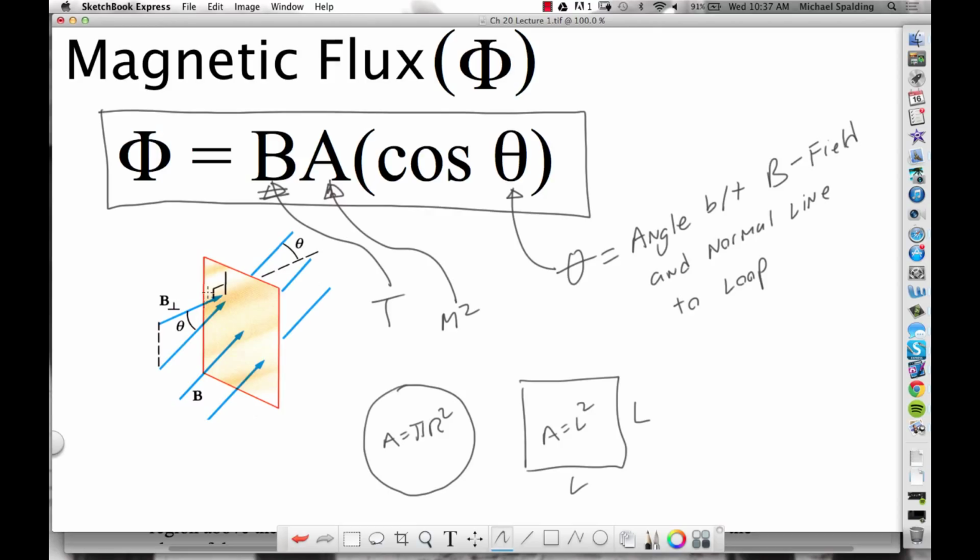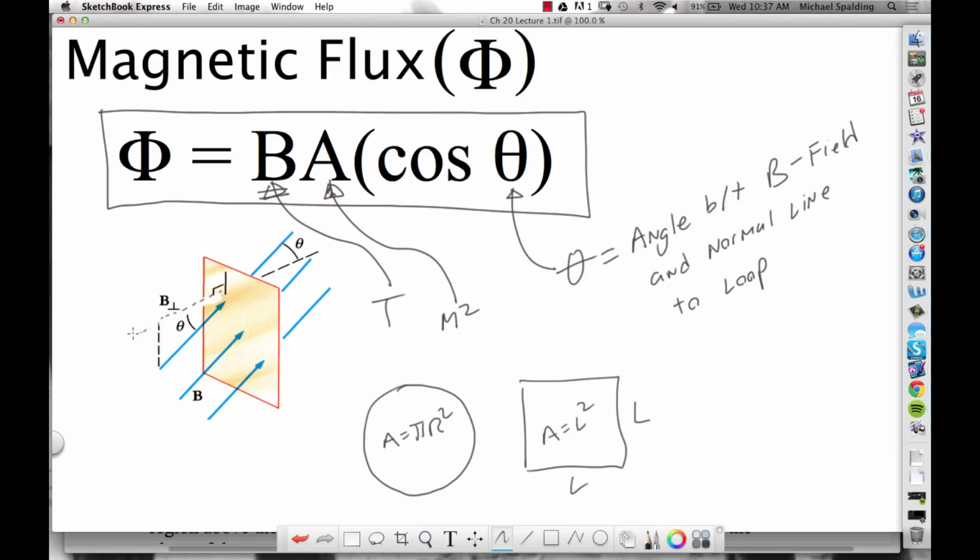So what they're showing here in this diagram, we have this magnetic field that's coming in at an angle. In the flux equation, this theta is the angle between the normal line to the loop and the field. What does normal mean? Perpendicular.